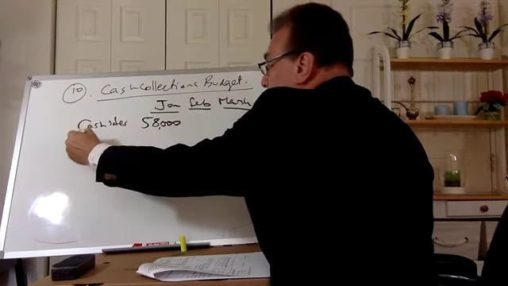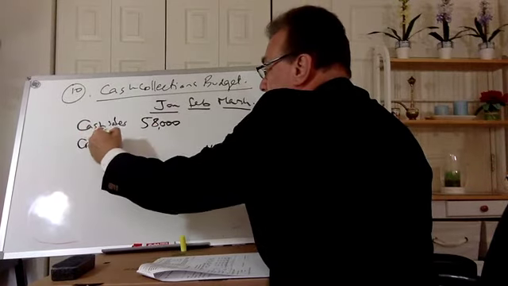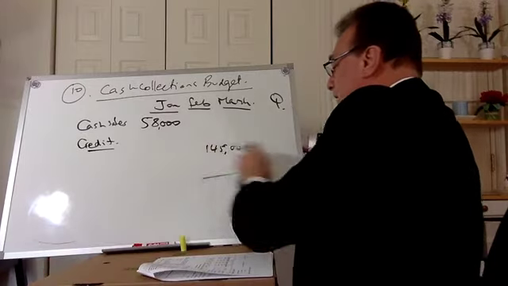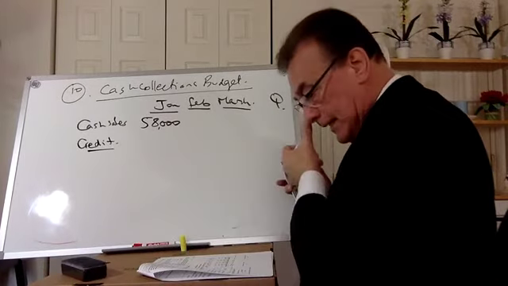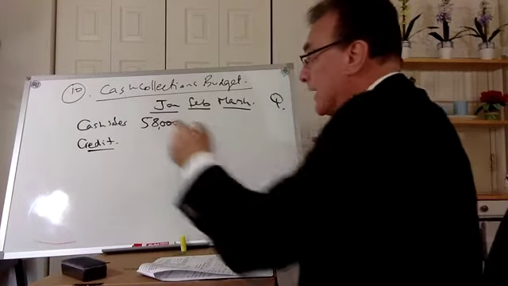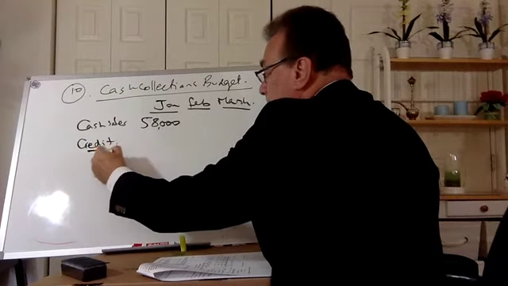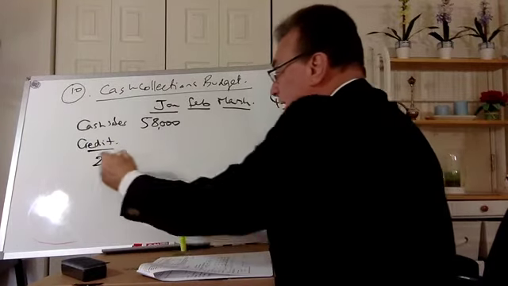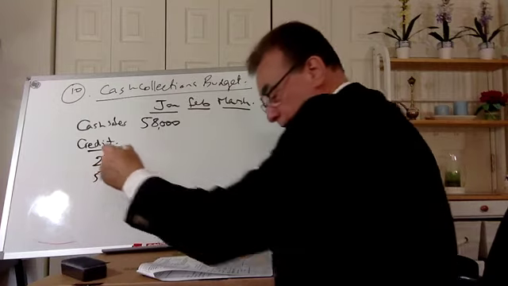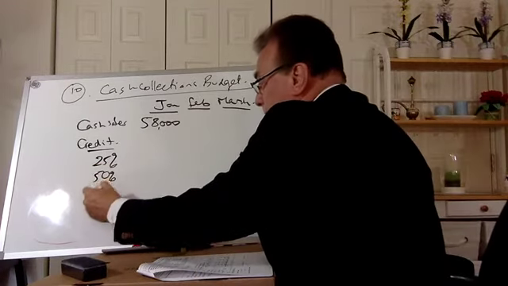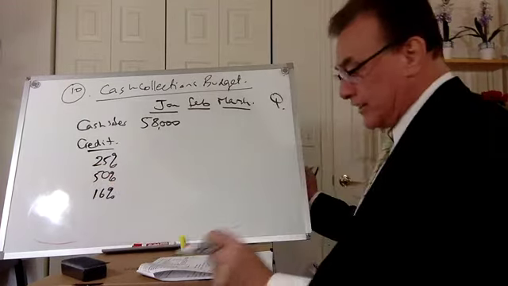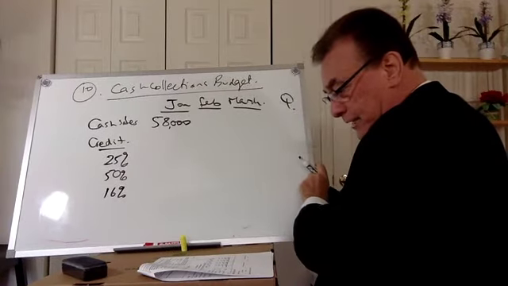Then you got to deal with your credit sales. With your credit sales, you've got 25% in the month of sale, 50% in the month after, and 16% 2 months after that. And after that, you're not collecting any cash from those sales.